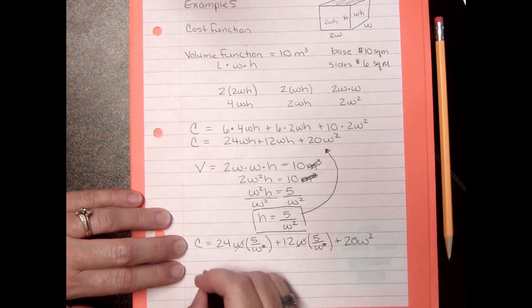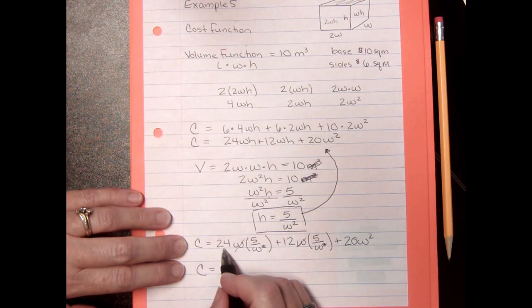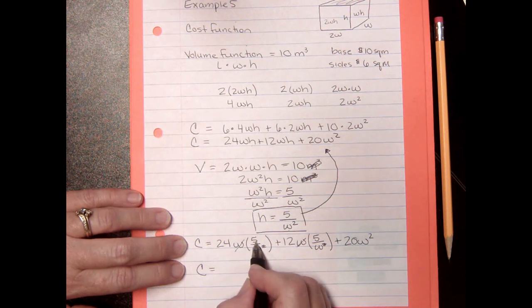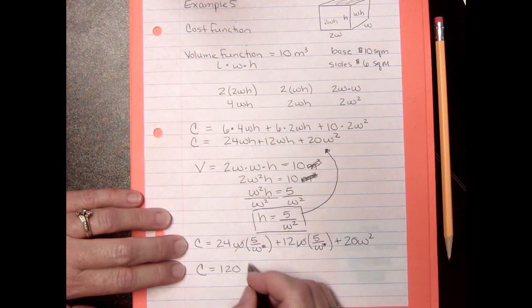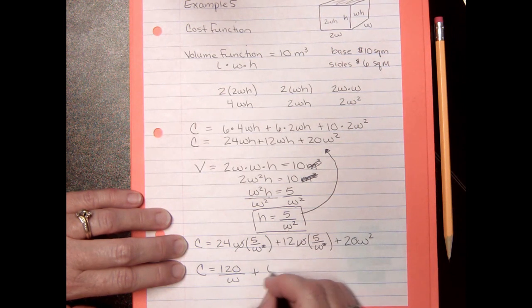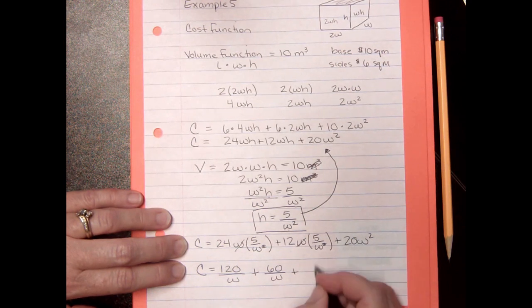So now I have my cost function, 24 times 5, 120 over W, plus 12 times 5 is 60 over W, plus 20W squared.